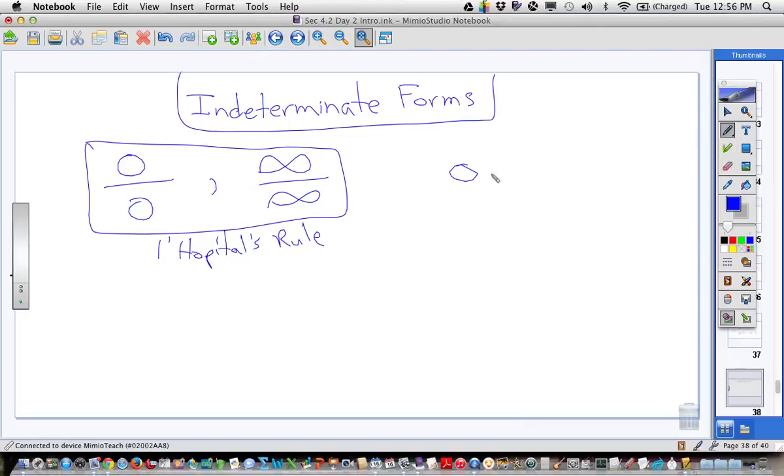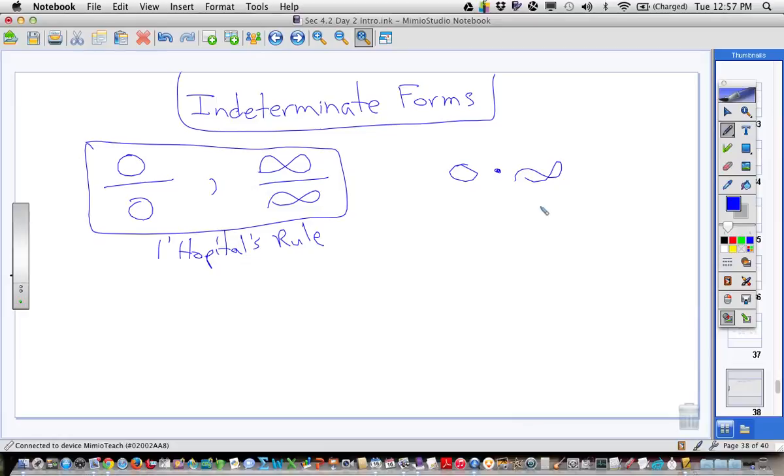Okay, but the problem is there's one other one. There's this one. Okay? And we've got to be able to deal with it. So, again, let's say again, 0 over 0 means you got something small divided by something small.